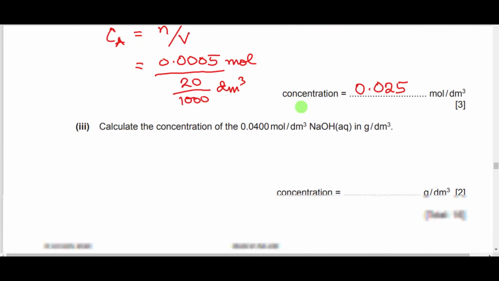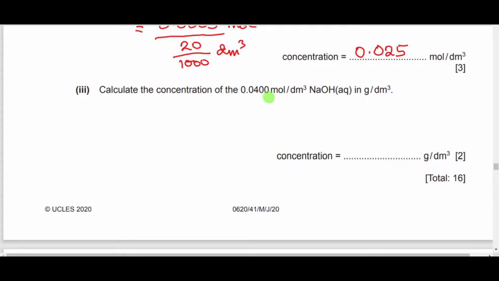Right? So now to calculate the concentration of 0.04 mole per dm³ sodium hydroxide in grams per dm³. Now concentration in grams per dm³ is what we call mass concentration.